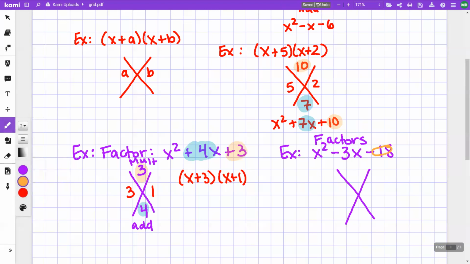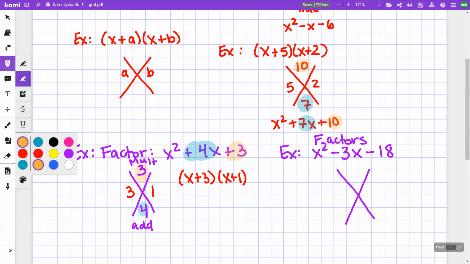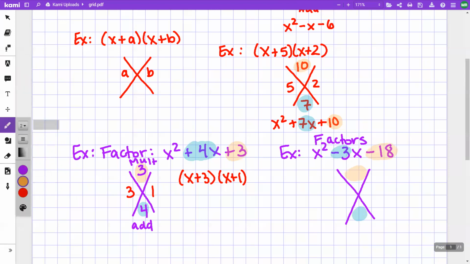This negative 18 is going to go here, and this negative 3 in front of the x is going to go here. So I'm trying to figure out what multiplies to a negative 18 and adds to a negative 3. And that's going to be a negative 6 and a positive 3. Multiplies to a negative 18 and adds to a negative 3.